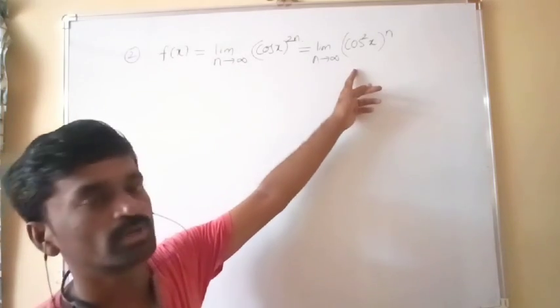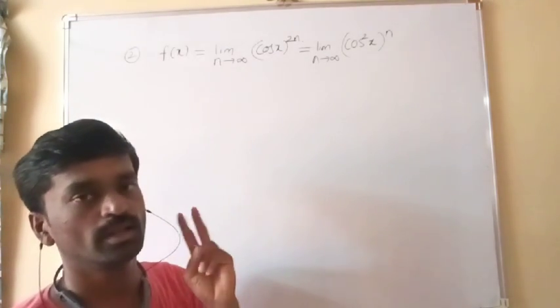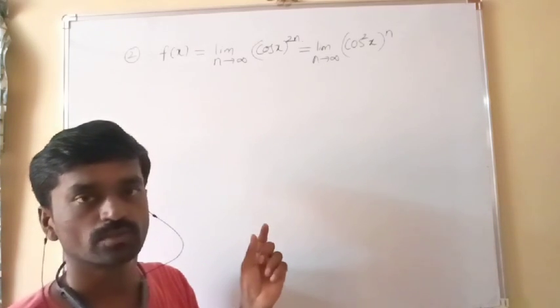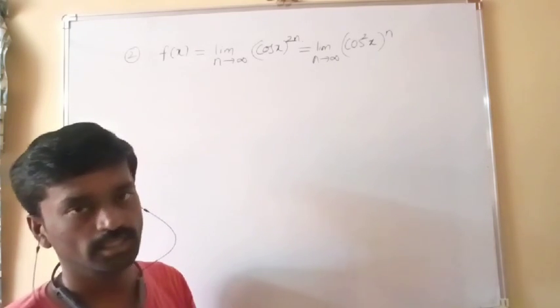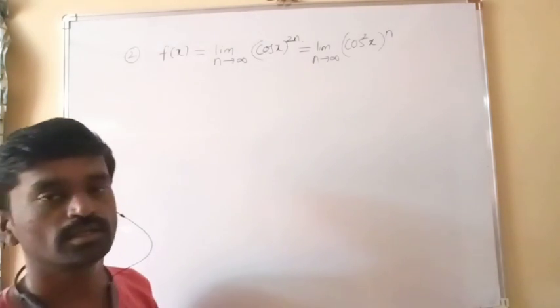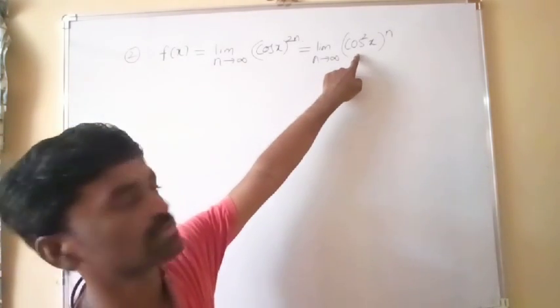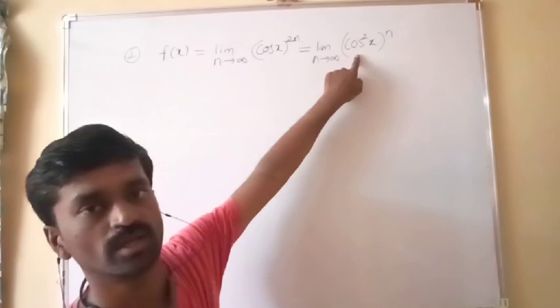So for this function we won't get 3 cases, we will get only 2 cases. First case is 0 to 1. Second case is equal to 1. Third case, greater than 1, is not possible here, because the cos square x value cannot be more than 1.